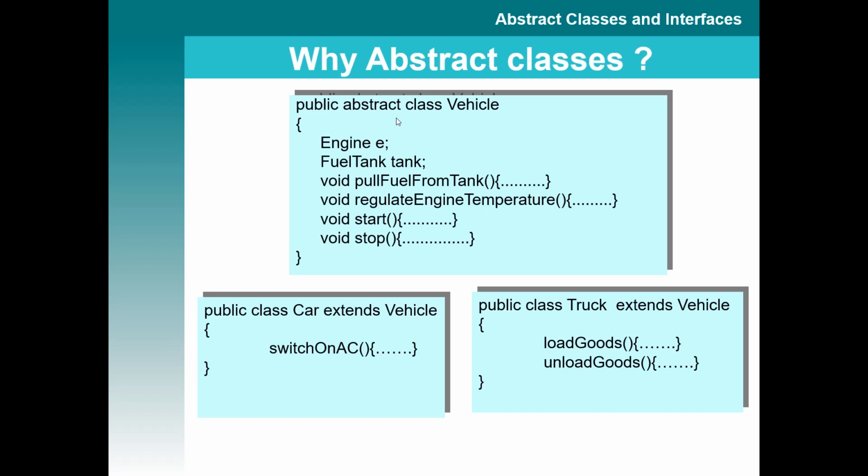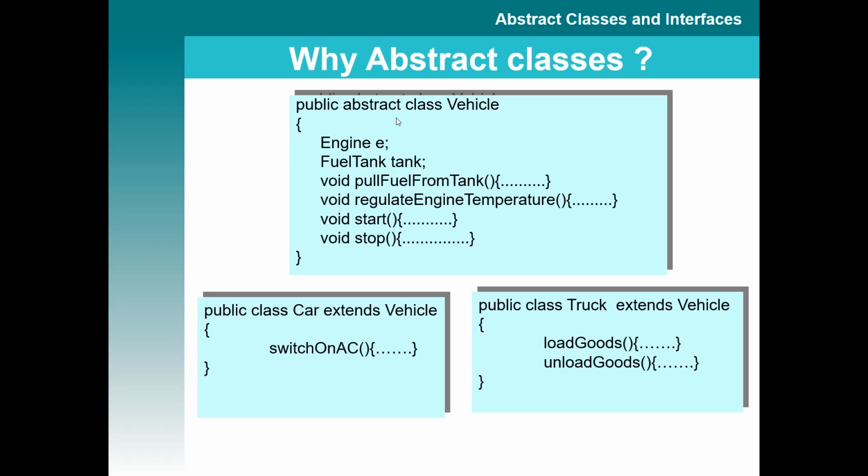Instead, show me an object which is just a vehicle, but not a bus, not a car, not a truck, none of these. Would you be able to show? No. What that means is, Vehicle exists as an idea to group together the commonalities found between car, bus, truck, and so on.